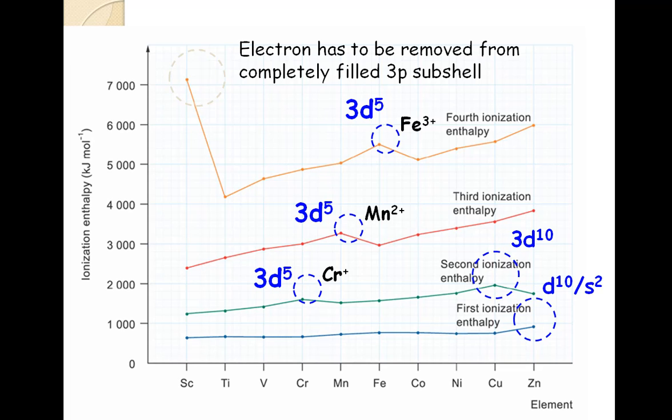This is the reason given for scandium's fourth ionization enthalpy. Scandium is 4s2 3d1, so the fourth electron will have to be removed from 3p. That's why it is much higher.